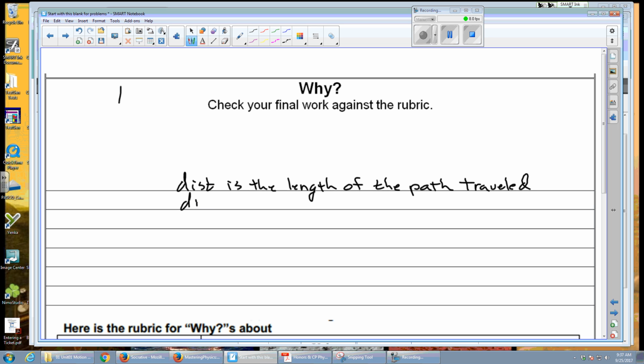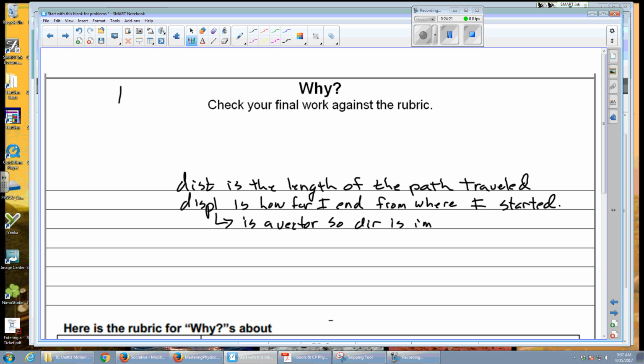And I want to show that I understand that displacement is how far I end from where I started. And I might even want to say displacement is a vector, so direction is important.